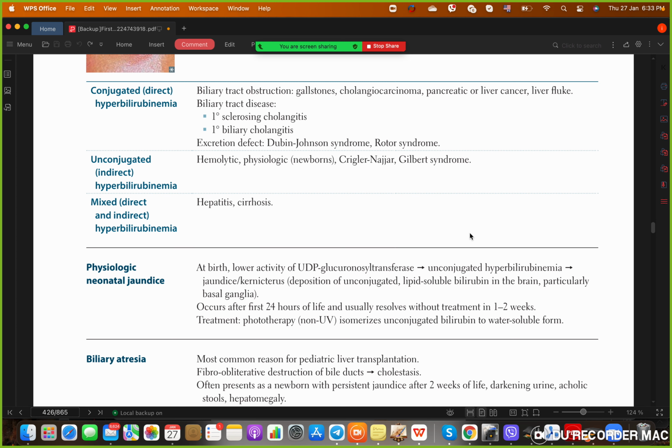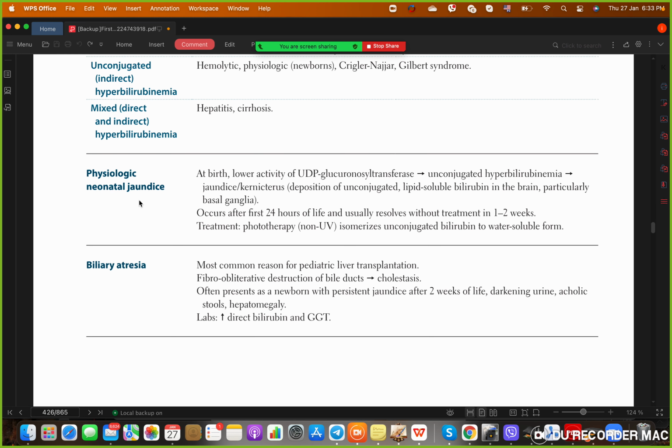That's one of the main differences between the two. So the next thing we have is a mixed direct and indirect hyperbilirubinemia. If both of them are elevated, this must be an intrahepatic issue, like hepatitis or cirrhosis.